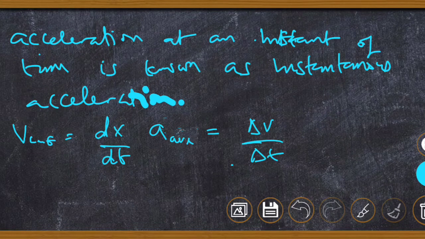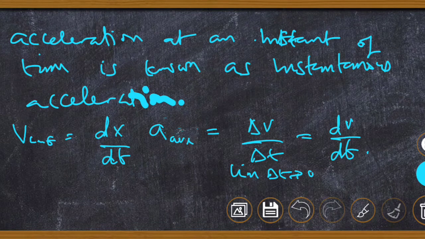If you limit change in time to 0, then this will equal dv over dt. That means the derivative of velocity with respect to time.